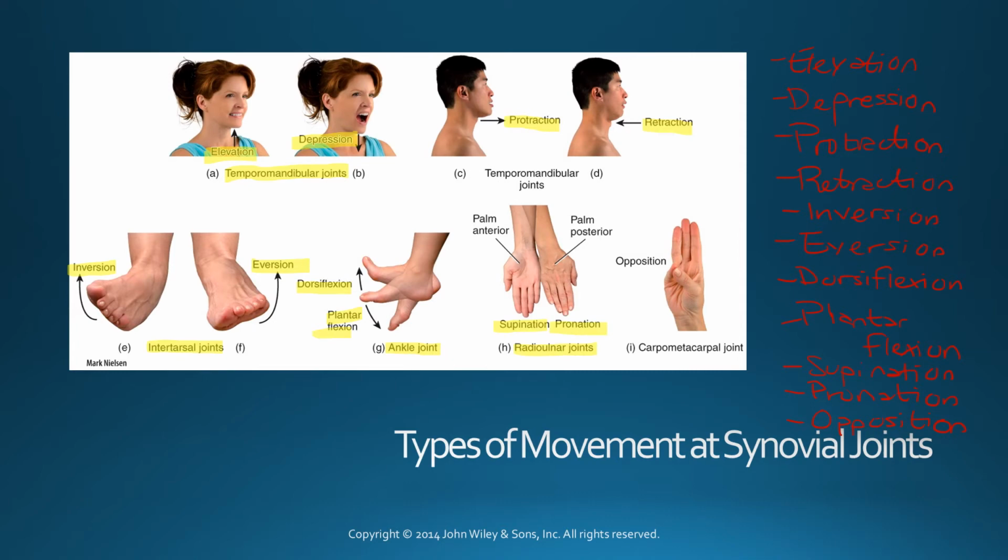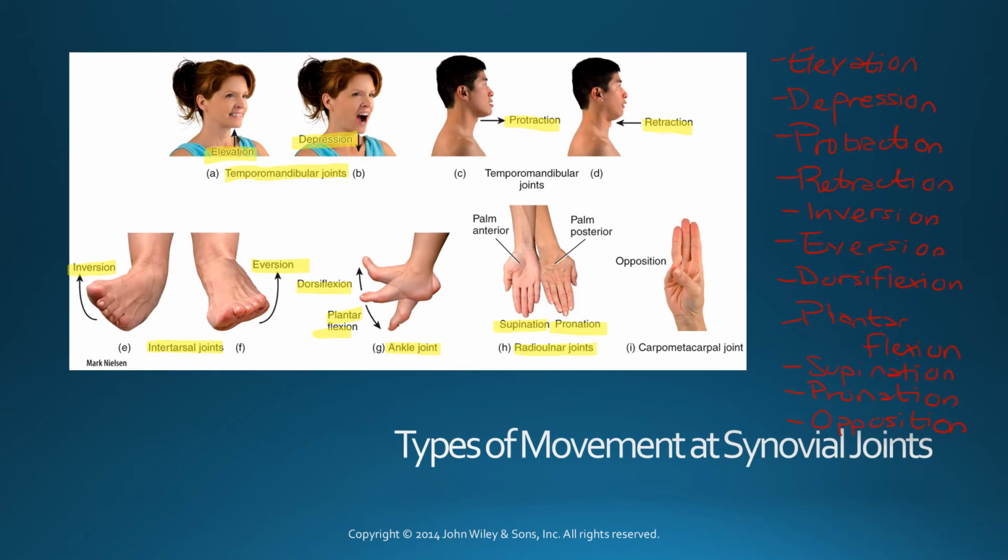This is movement of the forearm, again, at the distal and proximal radioulnar joints, where the distal end of the radius actually crosses over the distal end of the ulna, and the palm is turned posteriorly. So this is kind of an interesting thing when we have supination and pronation.